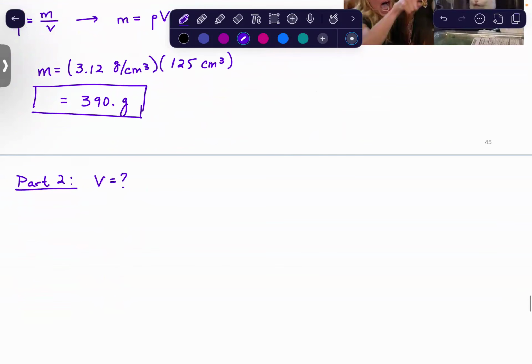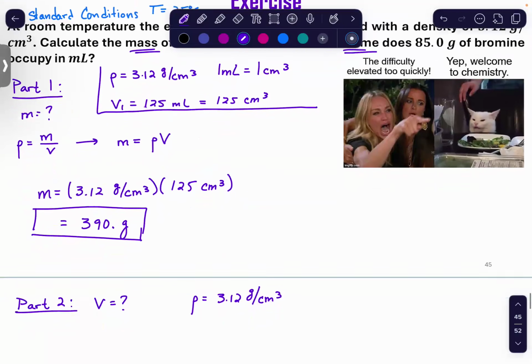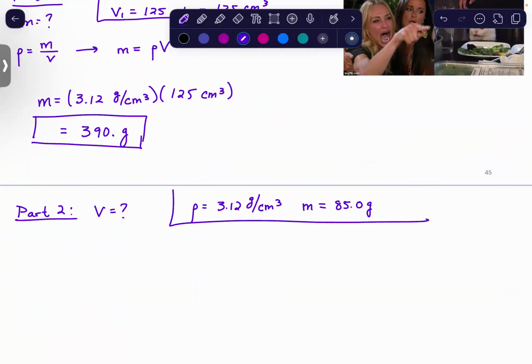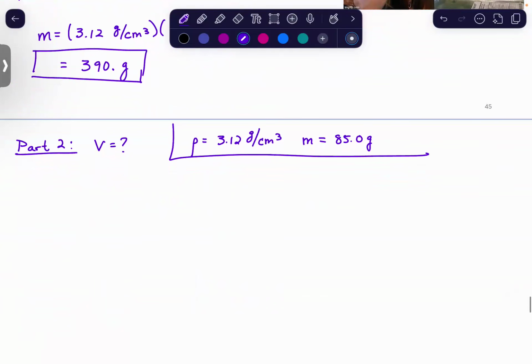Okay, so now again, things that I know, my density, 3.12 grams per cubic centimeter. I still have my 1 milliliter equals 1 cubic centimeter up there, but now my mass is 85.0 grams. Let's start with my basic theorem, which is my density definition.